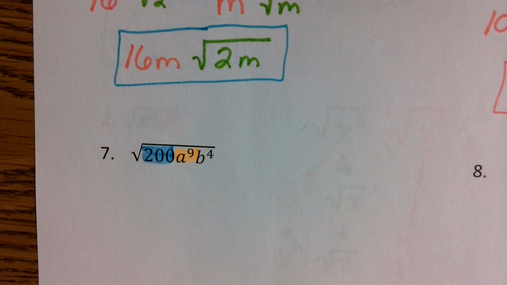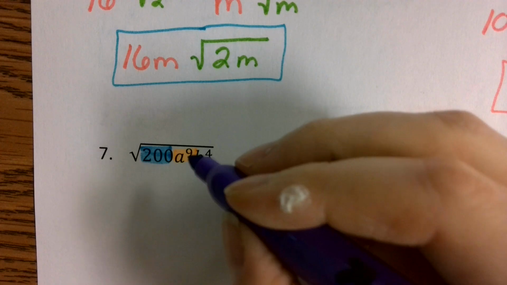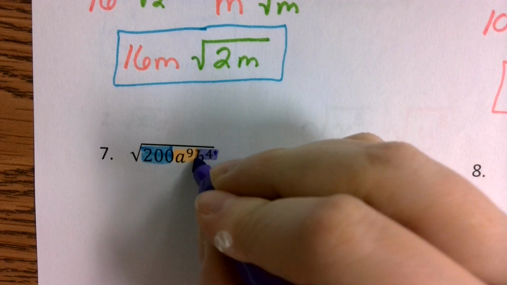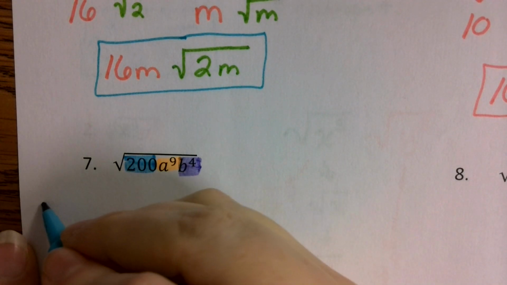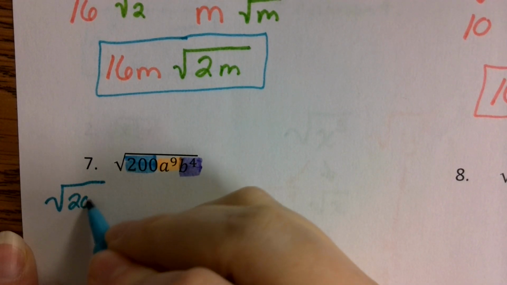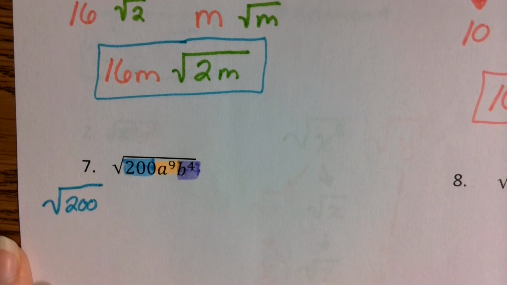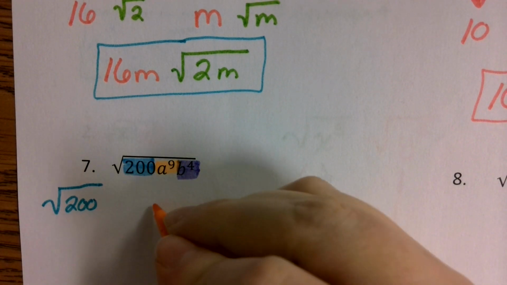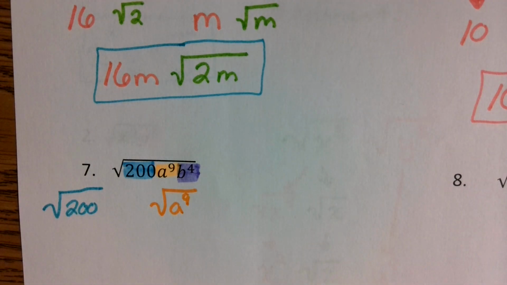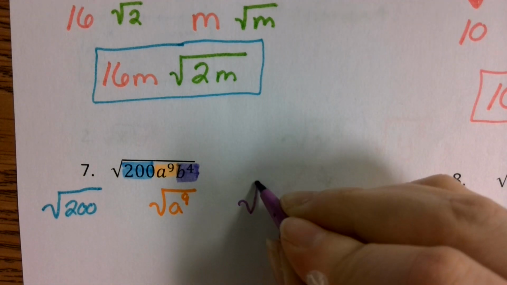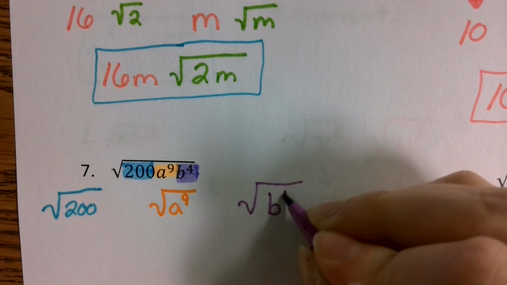And this one we actually have an additional one, so I'm going to use purple for this last part, b to the 4th. So square root of 200, square root of a to the 9th power, and then square root of b to the 4th power.